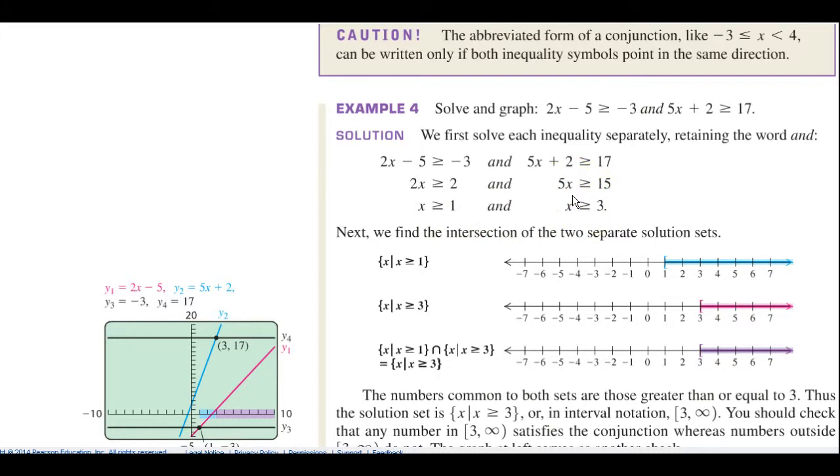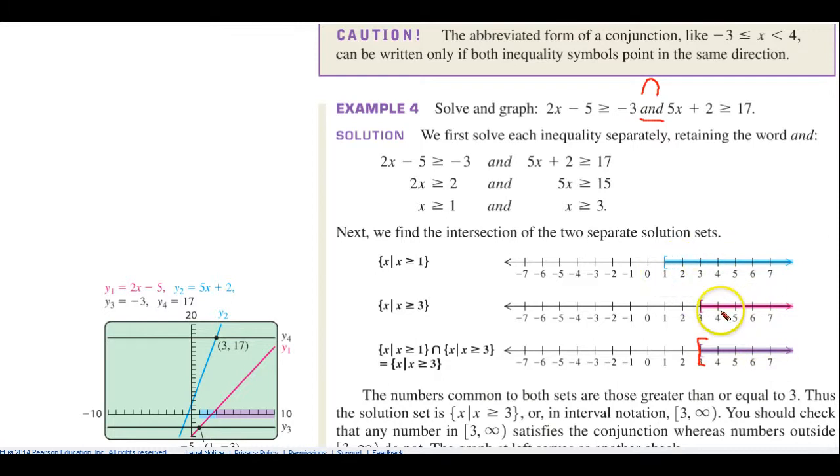Now, here's the key. Since this is an "and", that is an intersection, when we graph the first one, and then the second one, and then project where they will intersect, it gives us our third one, which is our answer. This is the answer.